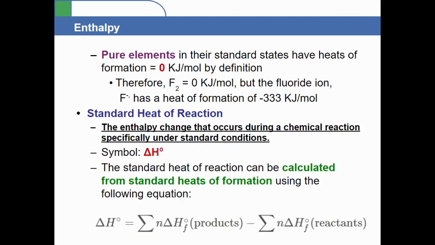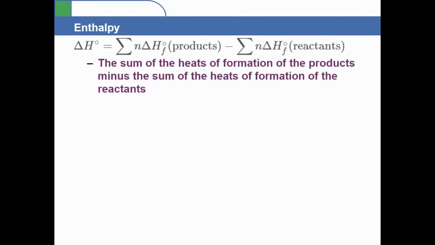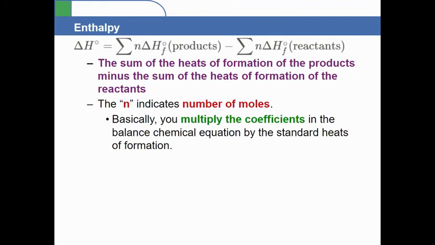And you take into account the sum total of the heats of formation of the products, and you subtract the sum total of the heats of formation of the reactants. All right? And that's what's going on here. It's really quite simple. It looks complicated, but it's not. So n indicates number of moles. Basically, you multiply the coefficients in the balanced chemical equation by the standard heats of formation.